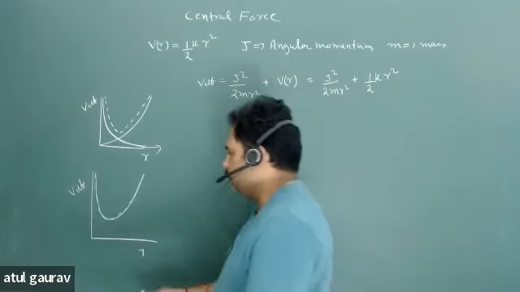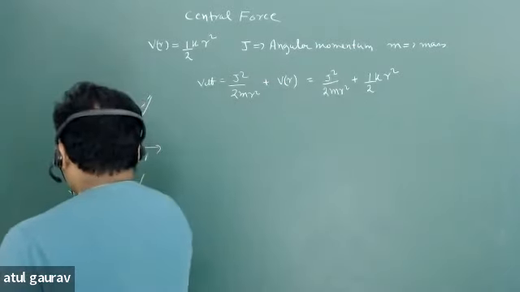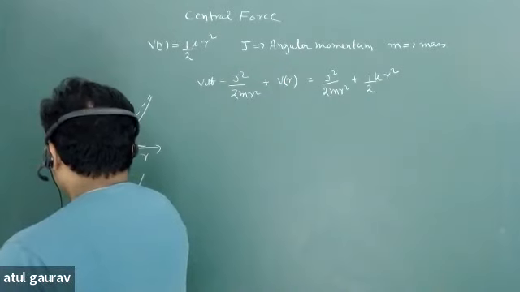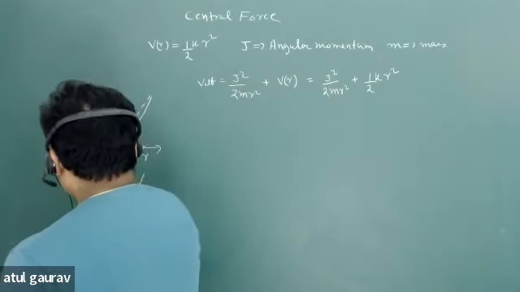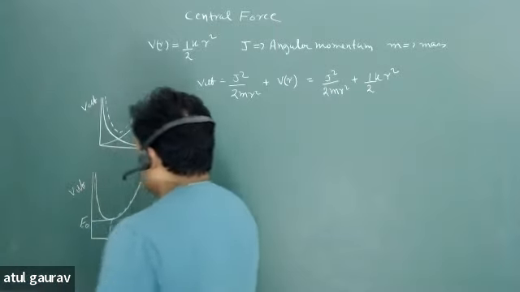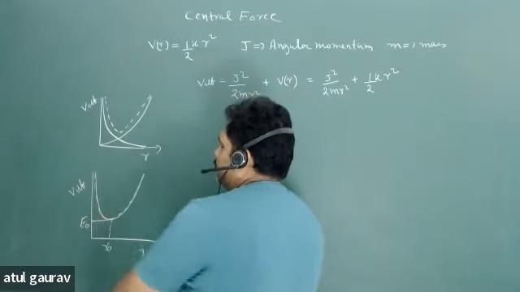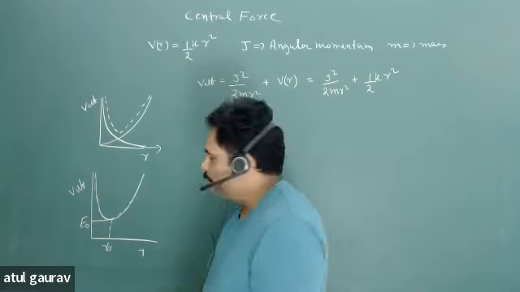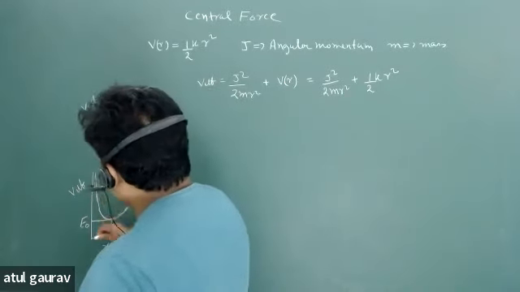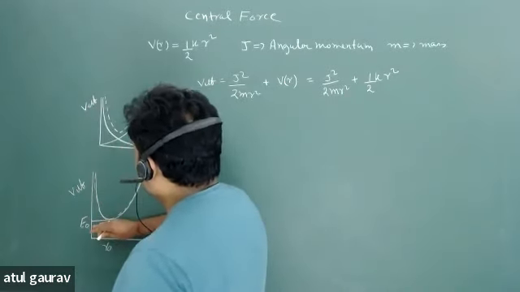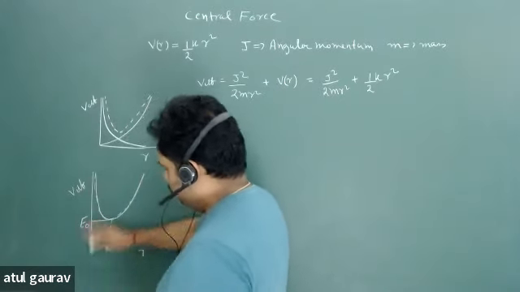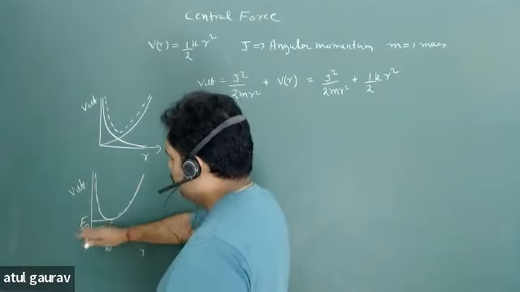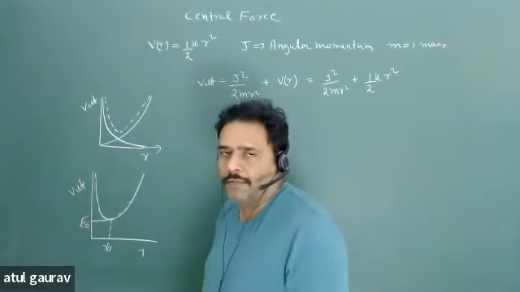Circular and elliptical. If you have this sort of energy, suppose this energy is E naught, and this will be your local minima or stable equilibrium point. For this particular energy, you have a circular orbit, and for other energies above this, you cannot go below E naught, because all that region is classically forbidden.